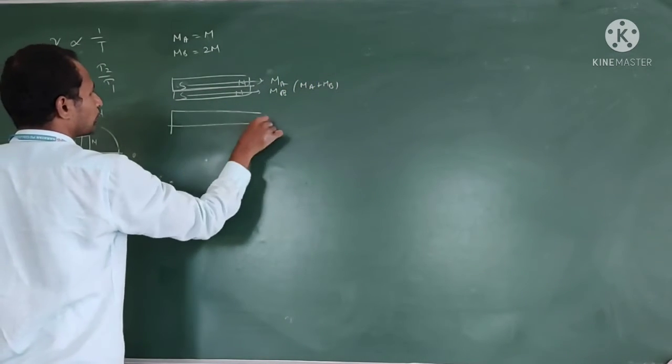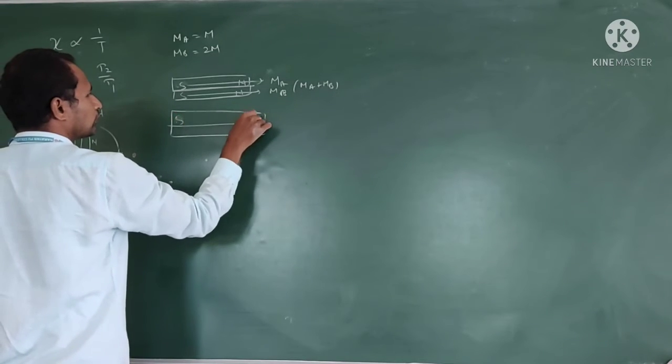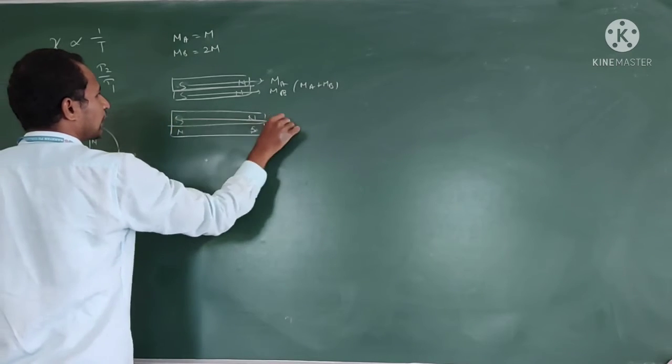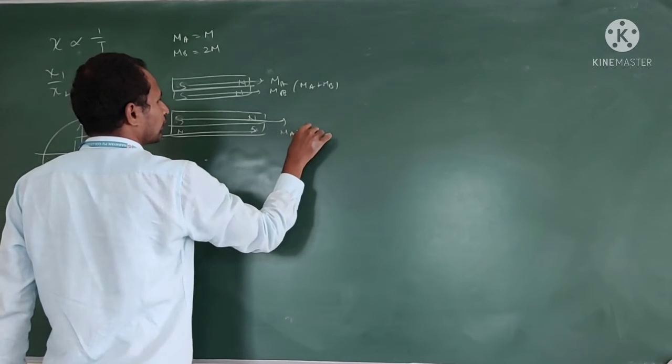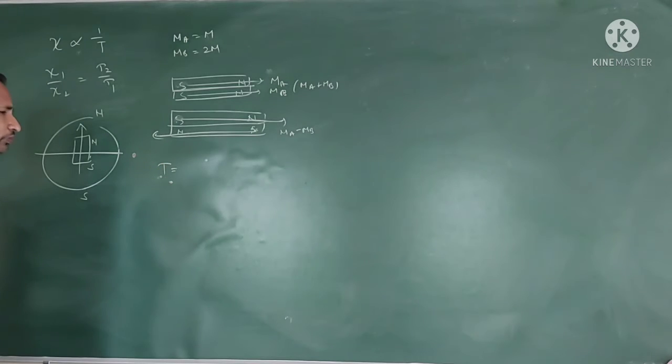Next, they place them opposite, so the magnetic moments act in opposite directions. So the moment is MA minus MB. They are asking for the time period.